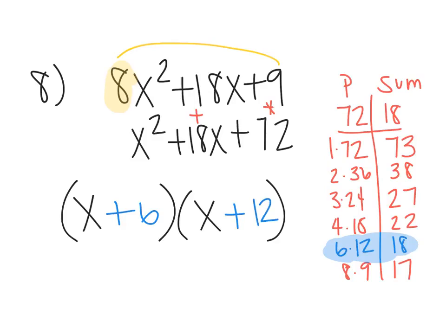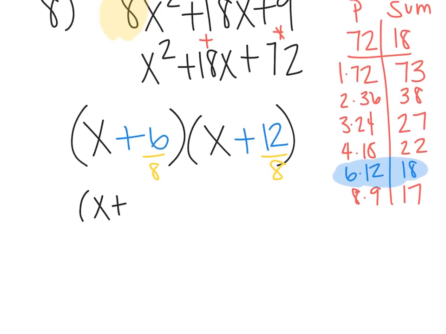The only difference is, because the very first thing I did was multiply by 8, I now have to turn around and divide by 8. I have to undo that. So that gives me x plus, okay, I can't actually divide 6 by 8, but I can reduce it. And 6 over 8 reduces to 3 over 4.